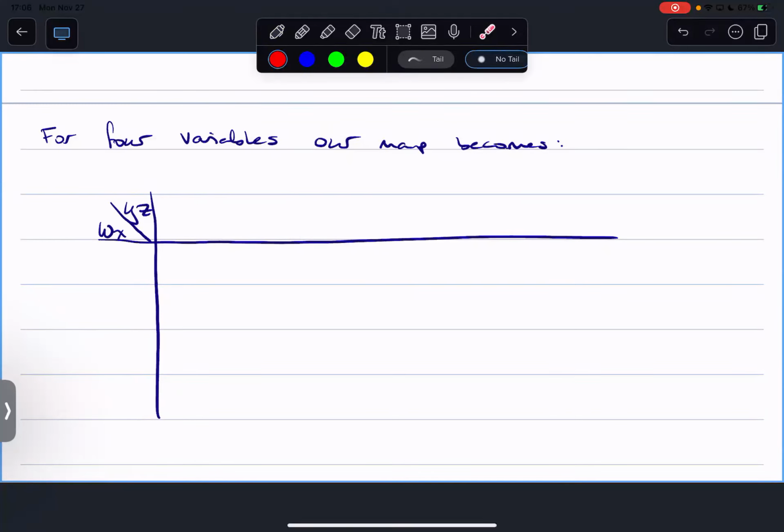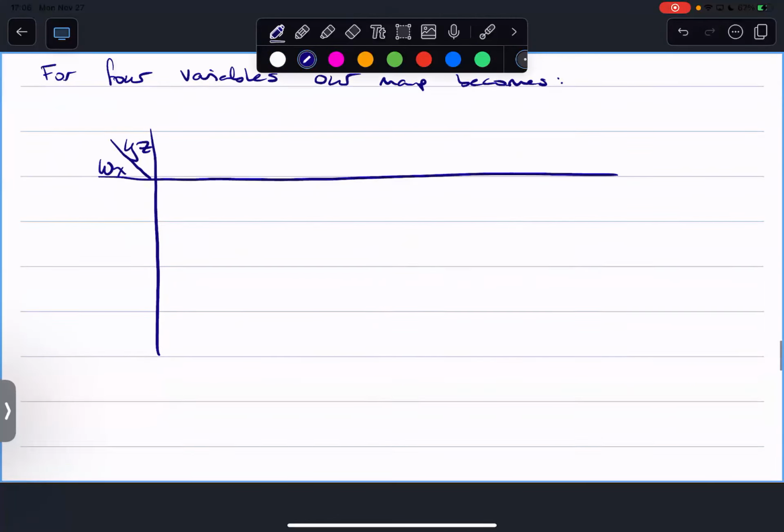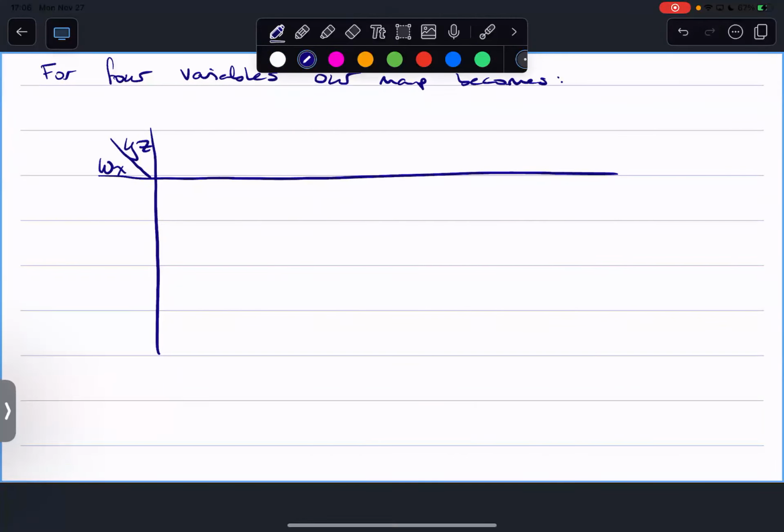So it still applies as it did before. And so what we have is 0, 0, 0, 1, 1, 1, 1, 0, right? Notice the order. Our columns stay the same as they have been: 0, 0, 0, 1, 1, 1, 1, 0.